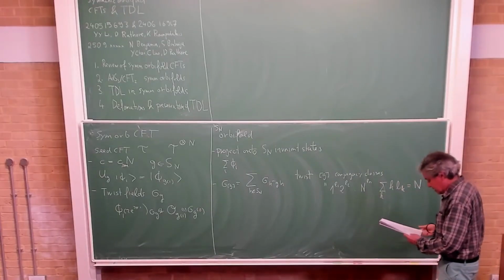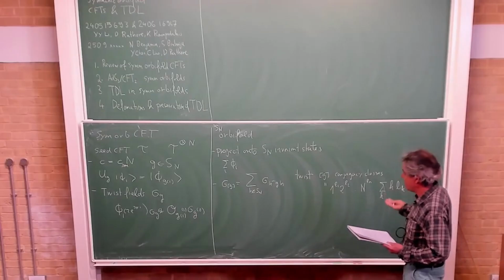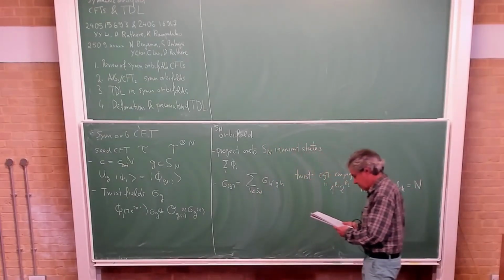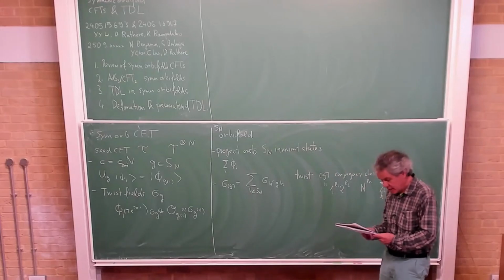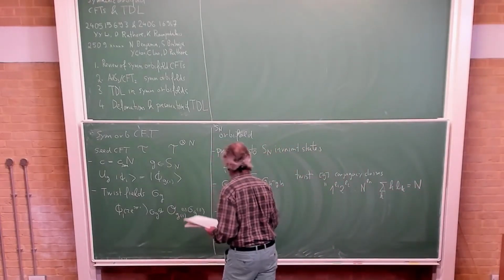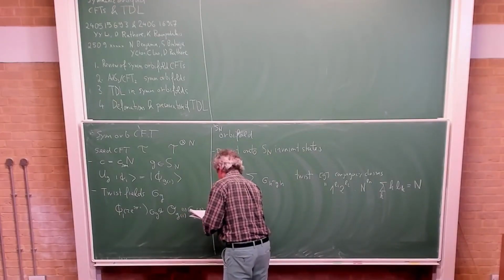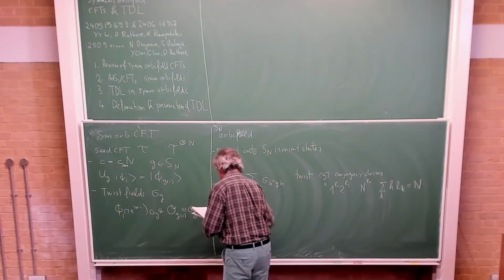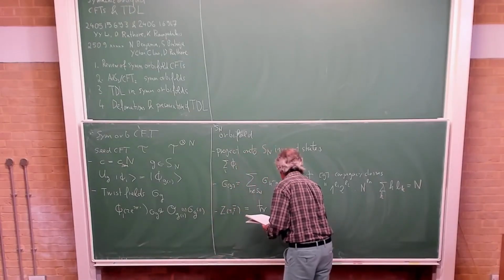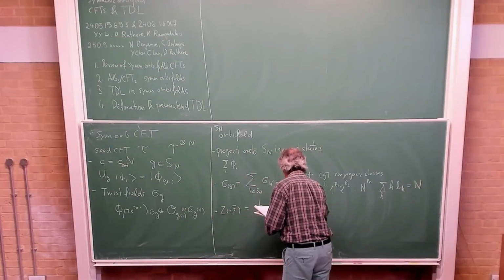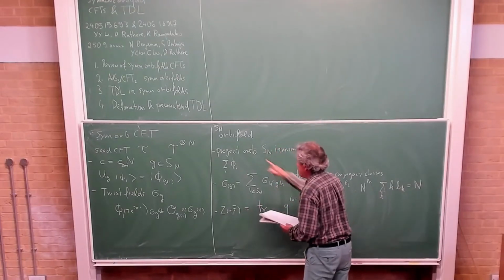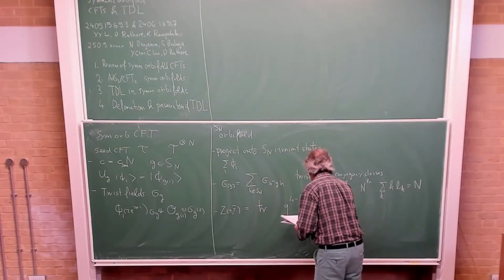Okay, and so one way to understand the necessity of introducing these twisted sectors is modular invariance. So when I start with the partition function of the seed theory, say trace of, so this would be the partition function of the tensor product, I'm sorry.